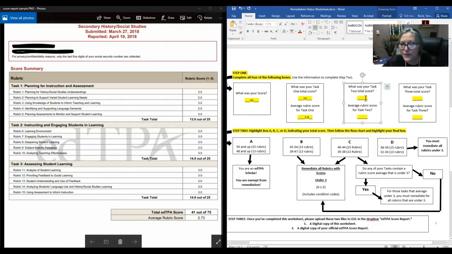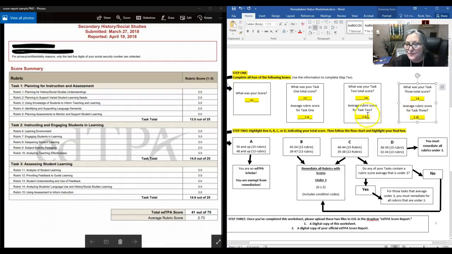This student made a 14, and we're going to divide 14 by 5. That's 2.8. Then we have task 3 total score. The student again made a 14, and that is a 2.8.